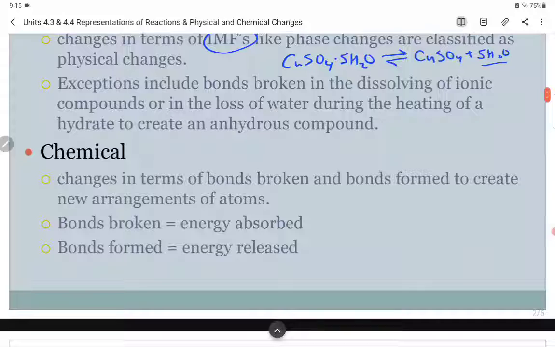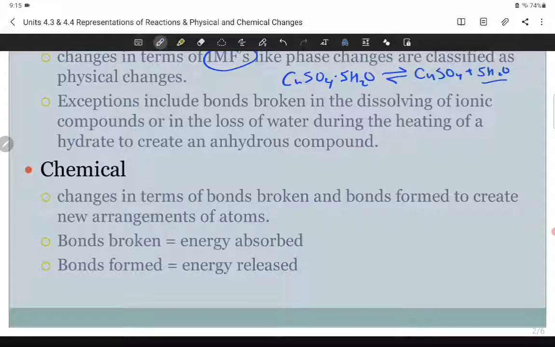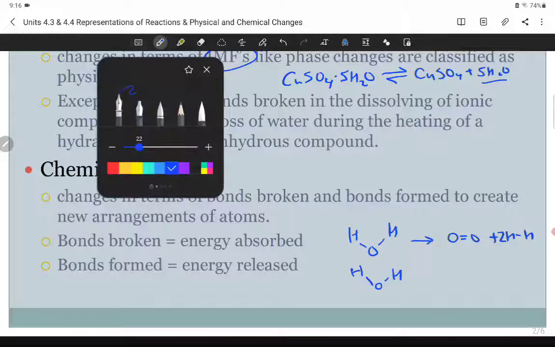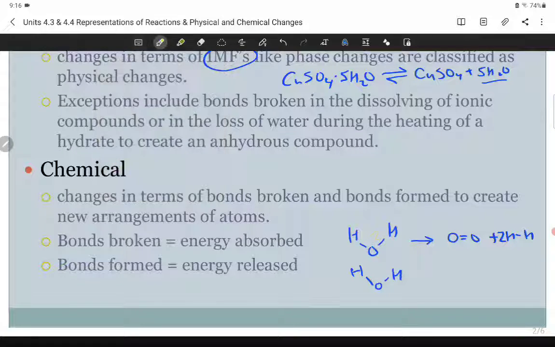We've mentioned this a couple times before, but it's worth mentioning again that if you break a bond, so here is water, and if you want to make this become oxygen gas and hydrogen gas, you're going to need two of these, and you're going to make two of these. You're going to have to break 4 bonds.